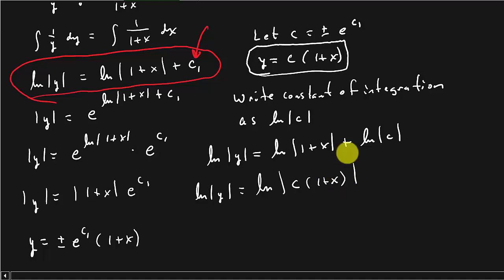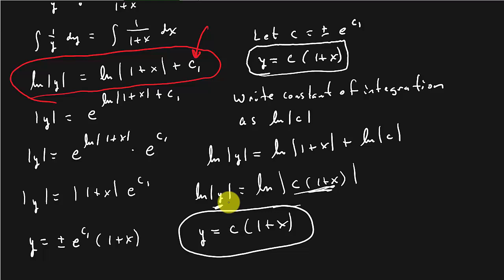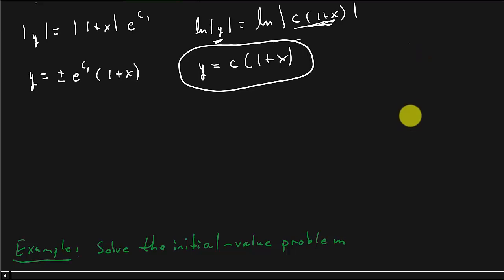Addition of logs becomes multiplication, and so that means y is equal to c times 1 plus x. See there? In order for those two sides to be equal, this has to equal y. All right, so let's continue on.